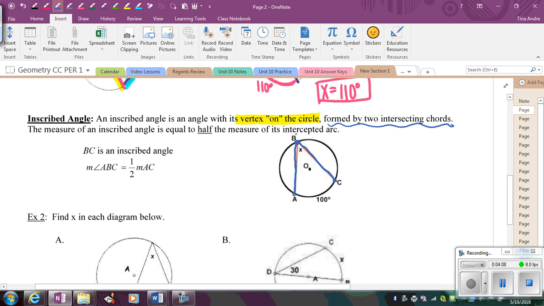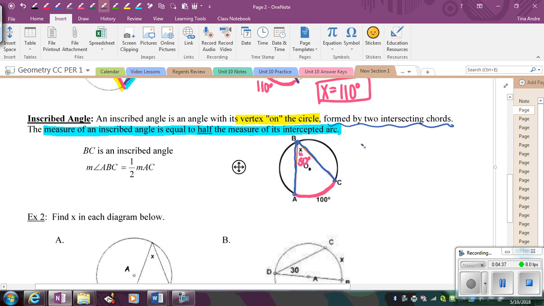For this one, the angle is always equal to half of its intercepted arc. My intercepted arc is this arc right here. That's the arc that this angle is cutting into, and x is always going to be half of that. So if this is 100, x is going to be 50 degrees. The measure of an inscribed angle is half the measure of its intercepted arc.